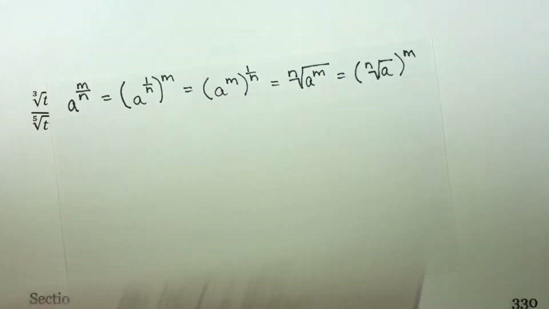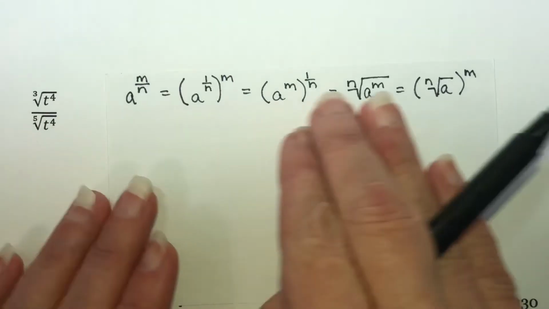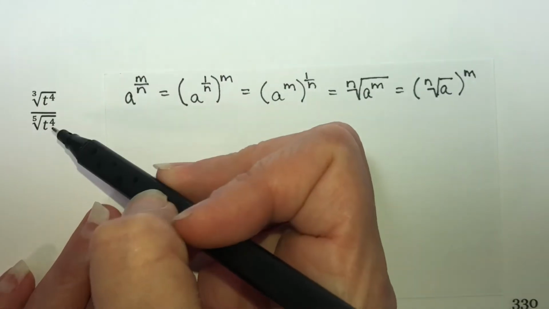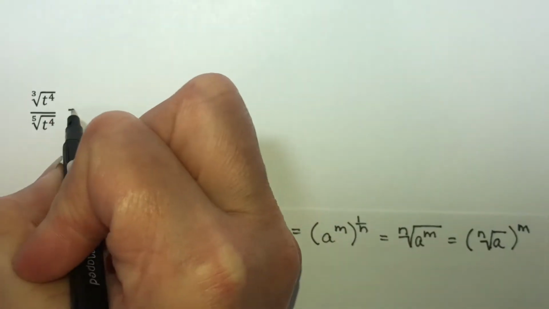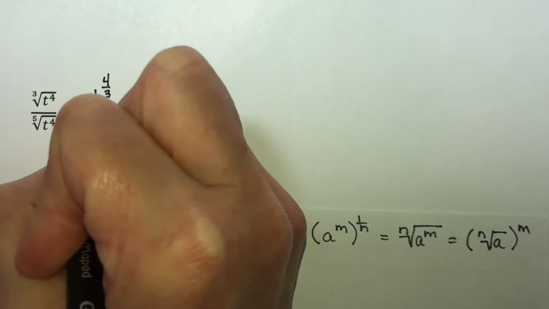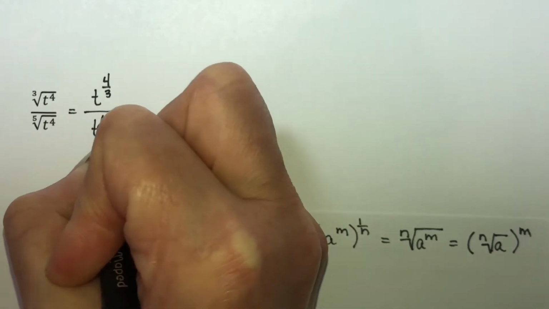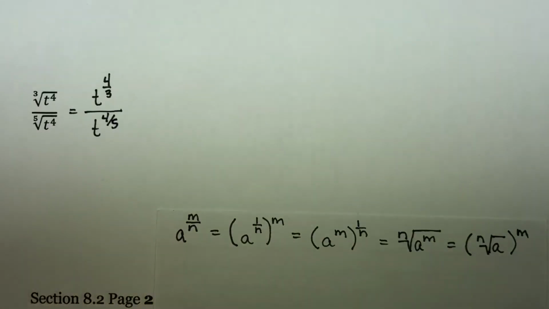So we are going to have to use this property along with these properties in order to get this thing simplified. The first thing I want to do in order to use all of these is I want to rewrite these using exponents instead of radicals. So remember the power over the index. So this is the same thing as t to the 4/3 over t to the 4/5. Power over index.